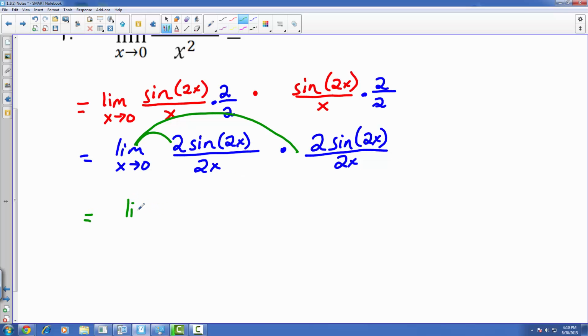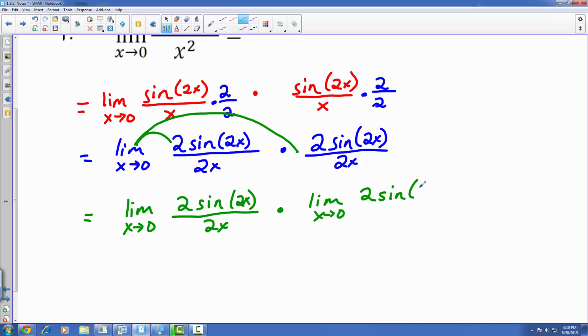So we have the limit as x approaches 0 of 2 sine of 2x all over 2x, times the limit as x approaches 0 of 2 sine of 2x all over 2x.